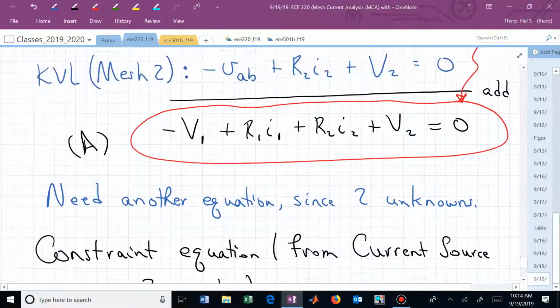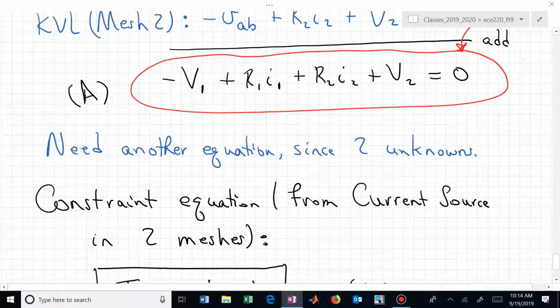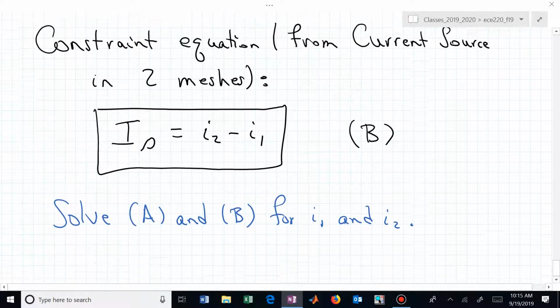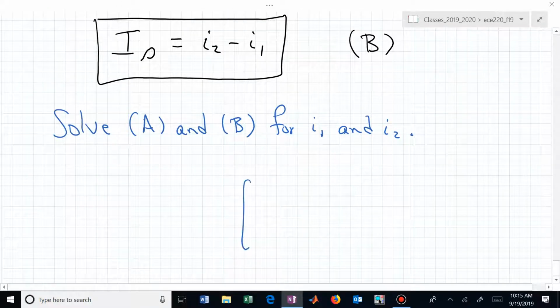And since everybody seemed to be excited about matrices, could we put that into a matrix formula? What's our unknown? We have two equations. What are the two unknowns in those equations? I2 and I1, I'm going to write them numerically. I'm going to say I1 and I2 stacked on top of each other. So my unknown vector is I1, I2.